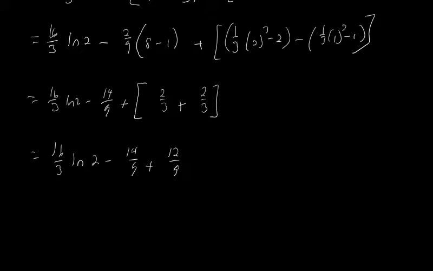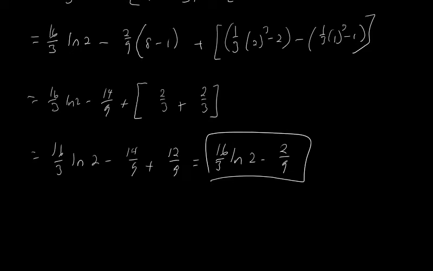So I can get an LCD here. So that's going to be 16/3 ln of 2 minus 2/9. And there we have it. No need to add a plus c, constant function or anything, because this was a definite integral. So any constant functions would have canceled out during the process.